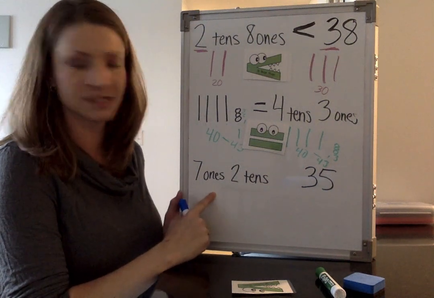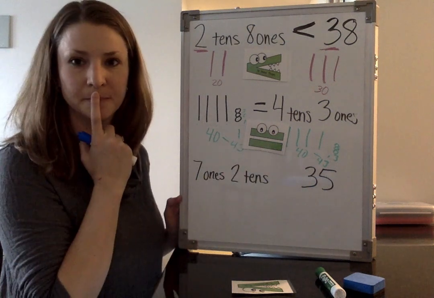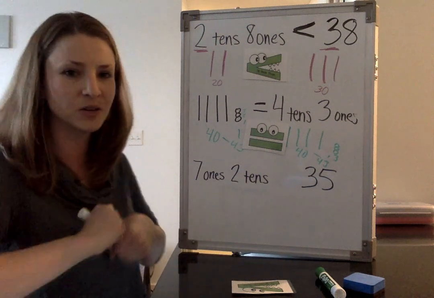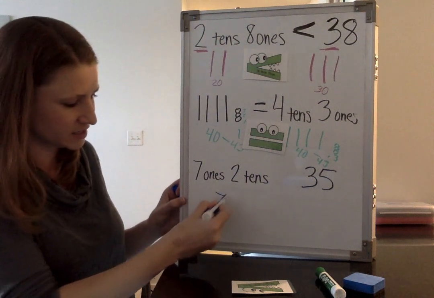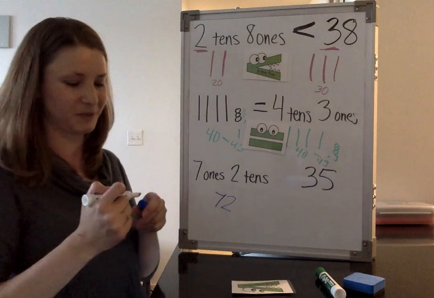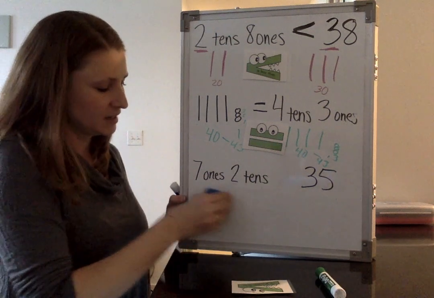7 ones, 2 tens, and 35. 7 ones and 2 tens. Is that 72? Ooh, if you said no way, you did not get tricked.